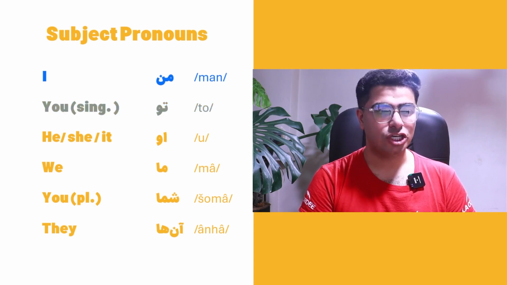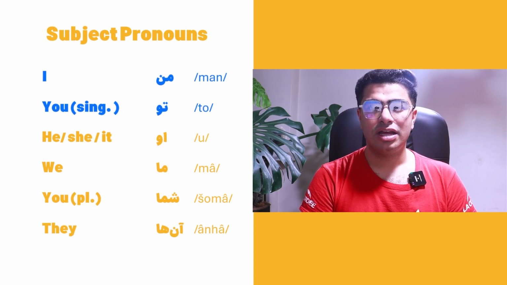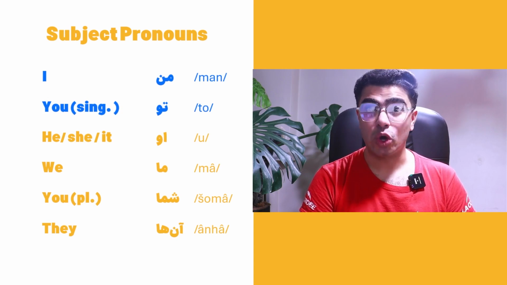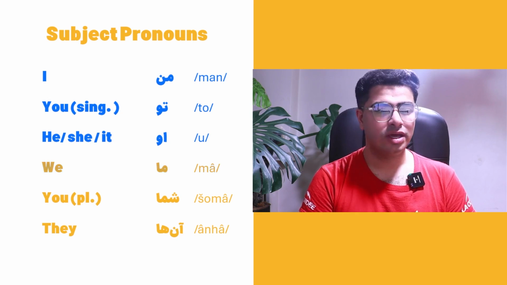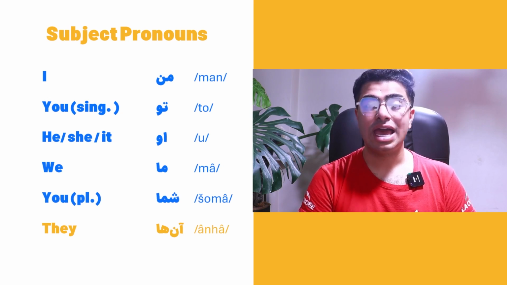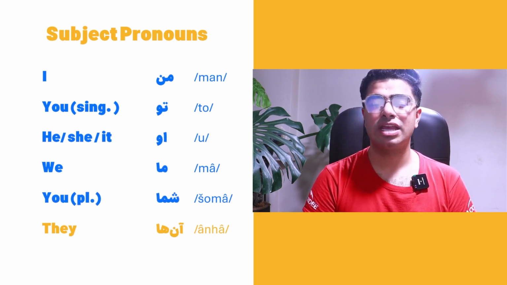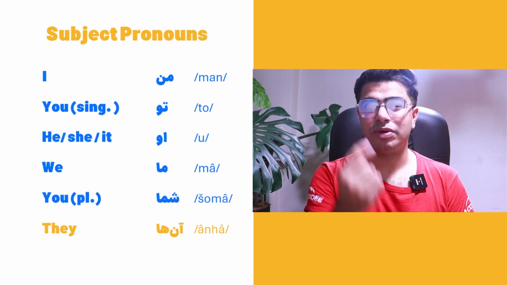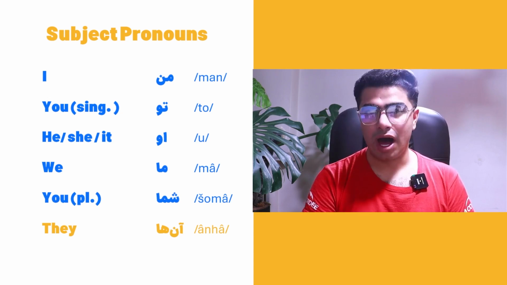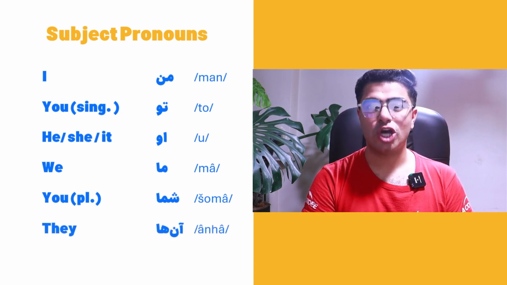Man. You, singular. And informal, it is to. He, she, it is u. We is ma. You, plural, and respectful to use it even when you're talking to one person. It is shoma. And they is anha.